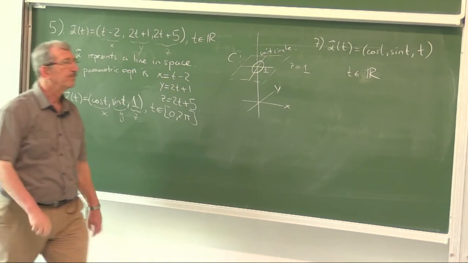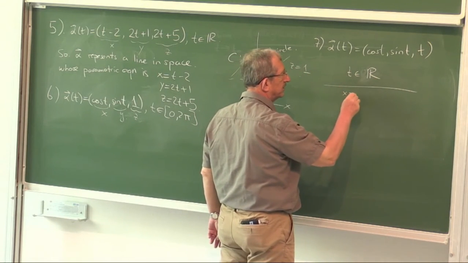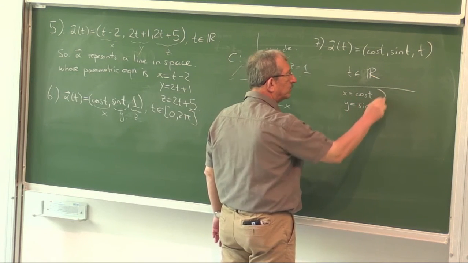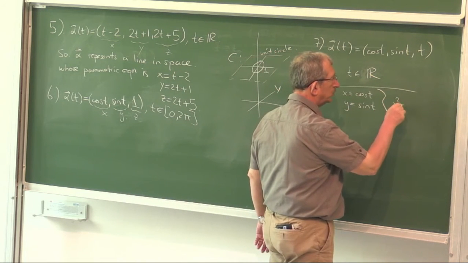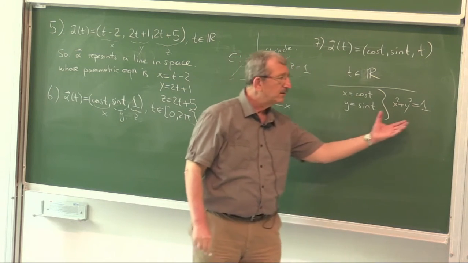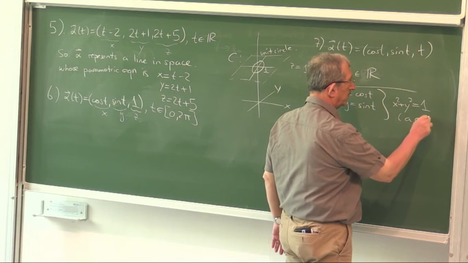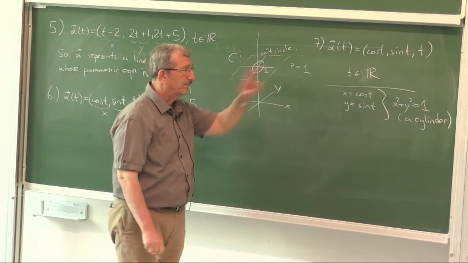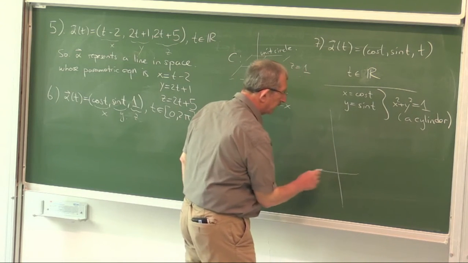Now, what do we have here? Well, from the geometry, x is cosine t, y is sine t. Together, they say that x squared plus y squared is always 1. But in space, this is a cylinder. Because we're in space now, we have 3 components. So we have then the following.